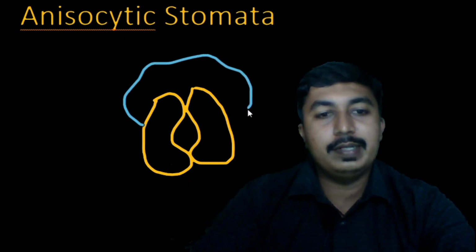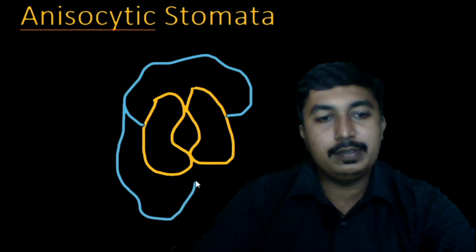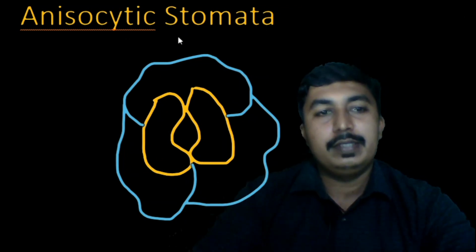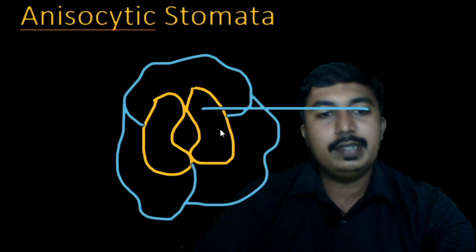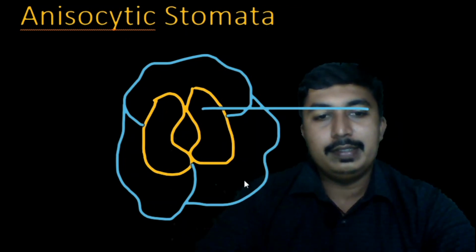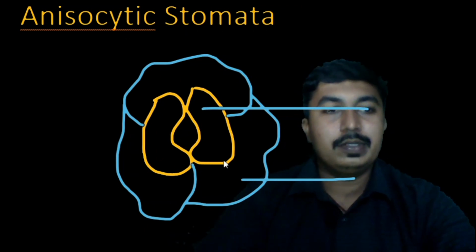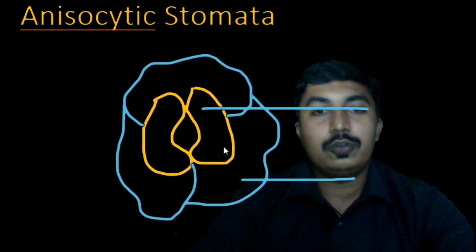Only three subsidiary cells are there which surround these guard cells. You can see here these guard cells are surrounded by three different subsidiary cells. So these are the two kidney shaped guard cells, and these are the subsidiary cells which surround them. So this anisocytic stomata is also known as a cruciferous stomata.